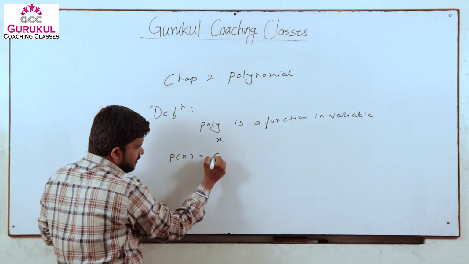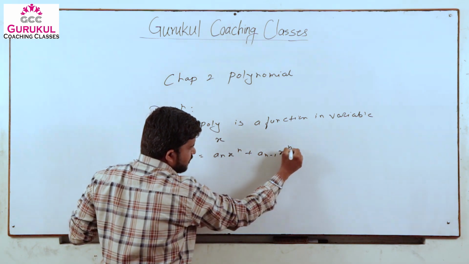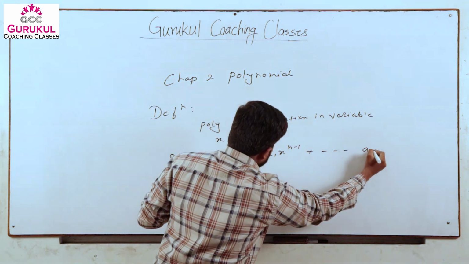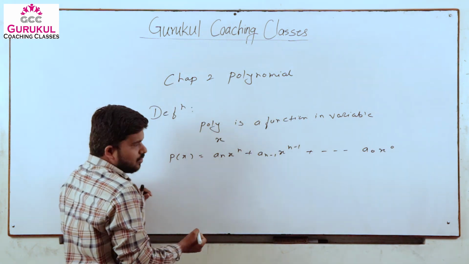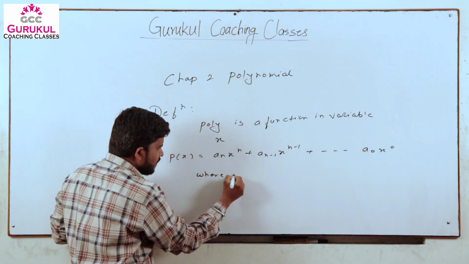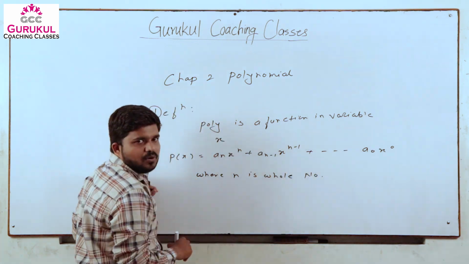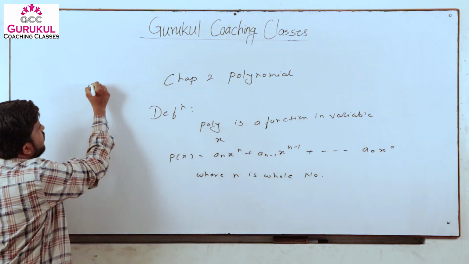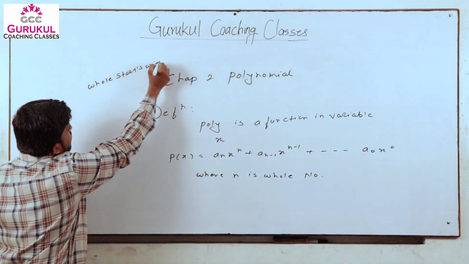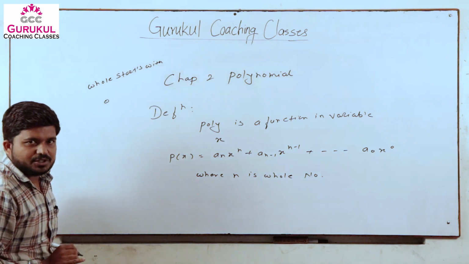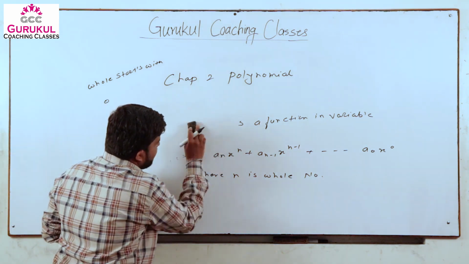P of x is equal to a_n x raised to n, plus a_(n-1) x raised to n minus 1, up to a_0 x raised to 0, where n is a whole number. Whole numbers start with 0. So we take one example regarding polynomial.